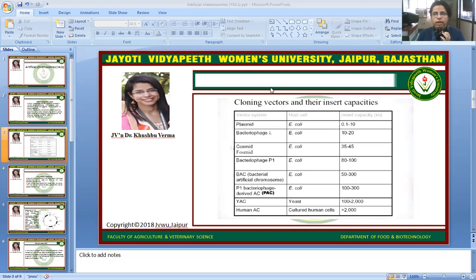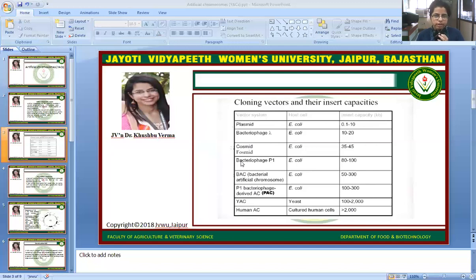Here we can see a comparative table where we can study cloning vectors and their insert capacities. We can simply see that YAC has approximately 100 to 2000 kilobase pair insert capacity for foreign DNA molecules. It's much higher in comparison to all vector systems like plasmid, bacteriophage lambda, cosmid, phosmid, bacteriophage, BAC, PAC.